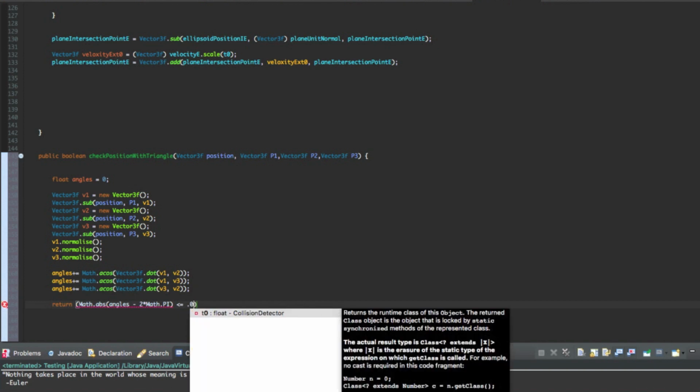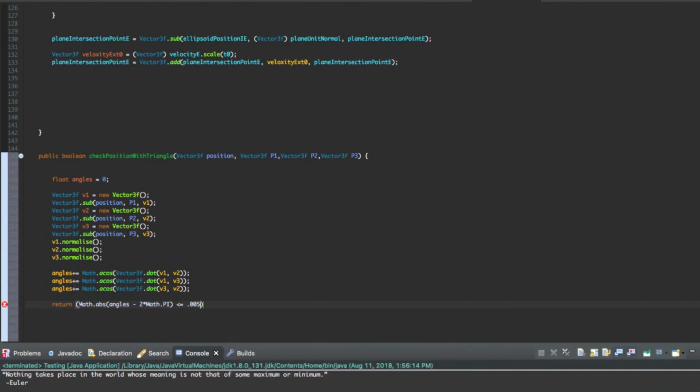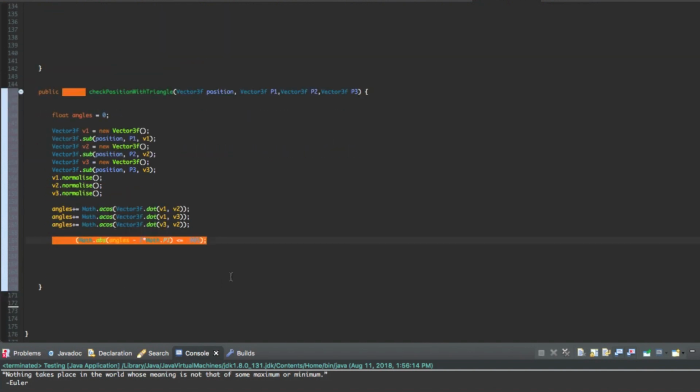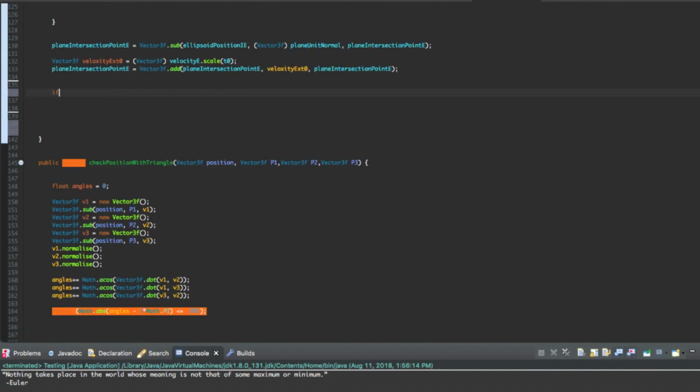And I'll throw in a little leeway here, just in case there's some rounding errors. All right, and that is the check position with triangle method complete.